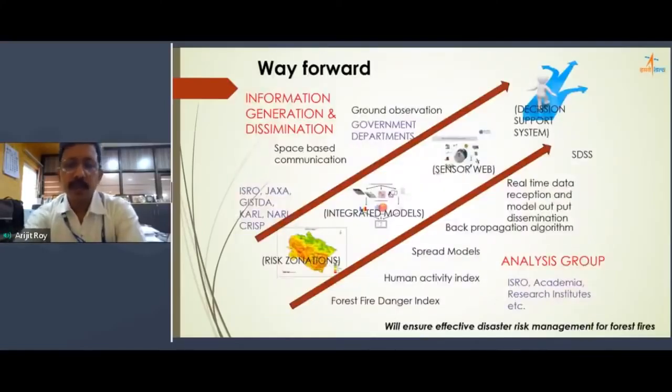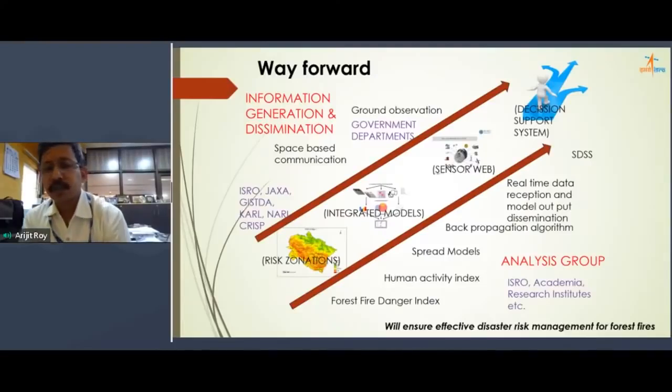So presently we are at the stage where we are comfortable with the forest fire danger index and spread models, but we also need to integrate humans, using a backpropagation algorithm, to make an integrated model. And then we also need to have a sensor web where we have real-time data reception as well as model output dissemination, which will give us our final goal, that is a decision support system.